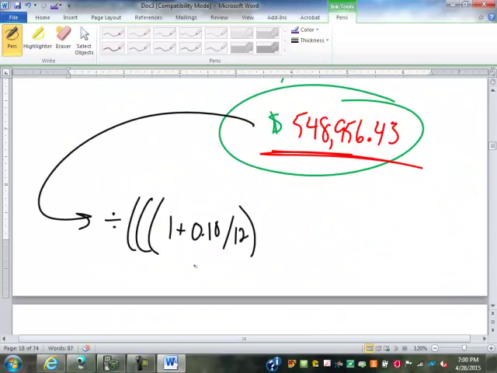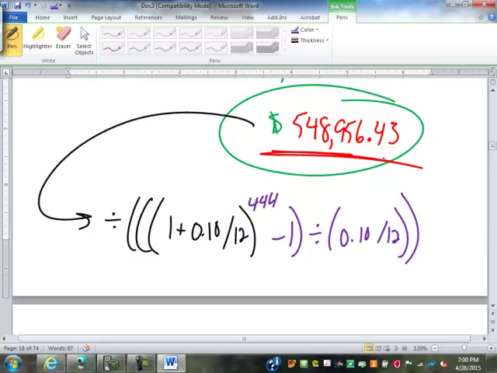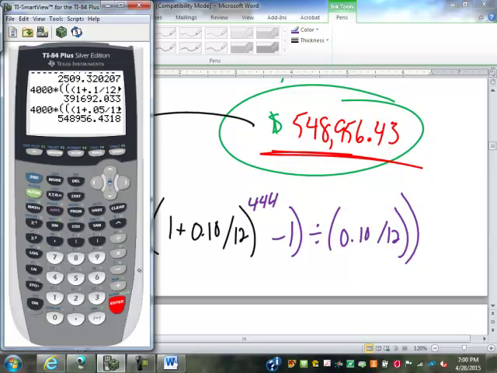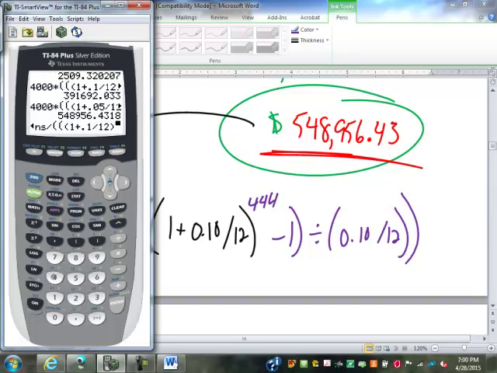So 444 minus 1, close, divided by open, 0.10 divided by 12, close and close. Since we're paying in here, we don't need the extra term. So we take that number divided by 1 plus 0.1 divided by 12, power of 444, minus 1, close, divided by open, 0.1 divided by 12, close and close. 117.81.